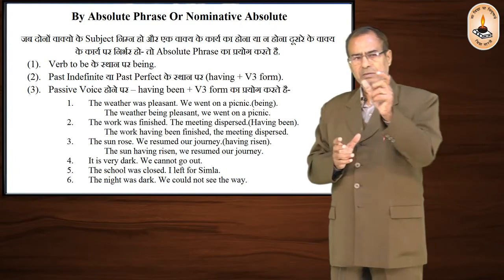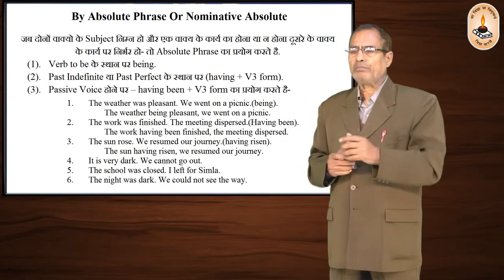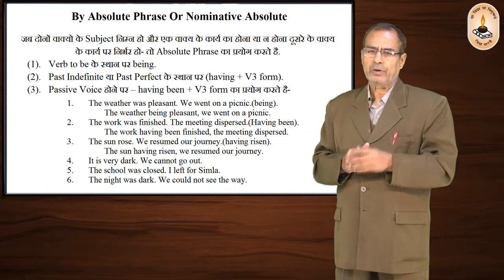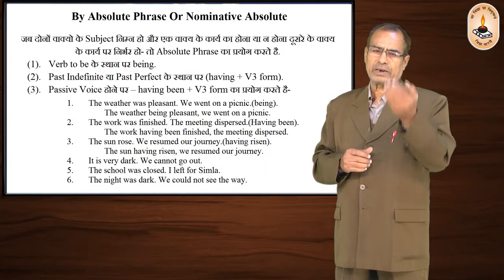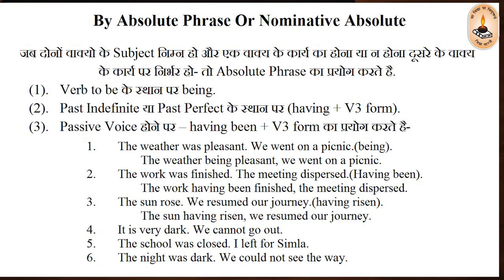When the sun rose. Rose is the second form, past indefinite, and we convert it to having plus third form. The sun having risen, we return to resume our journey.